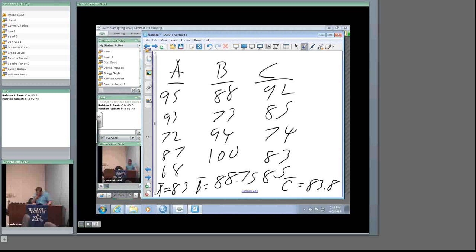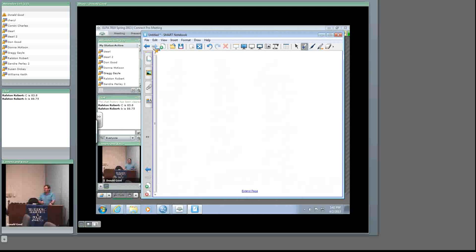Now, a couple things we need to know about this is that there are 2 kinds of variances that we're talking about. We're talking about variances between groups and we're talking about variance within groups.